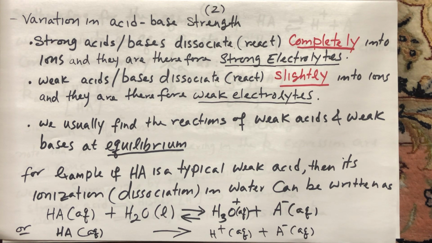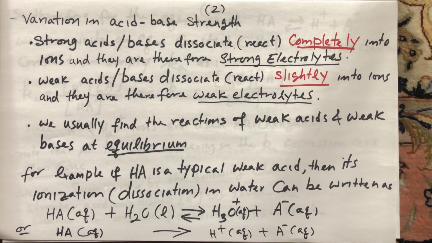So now, for example, if HA, which is a notation that your author is using in the textbook, and I'm going to stick with that notation, if HA is a typical weak acid, then the ionization or the dissociation of that acid in water can be written as HA plus H2O going to H3O plus and A minus.